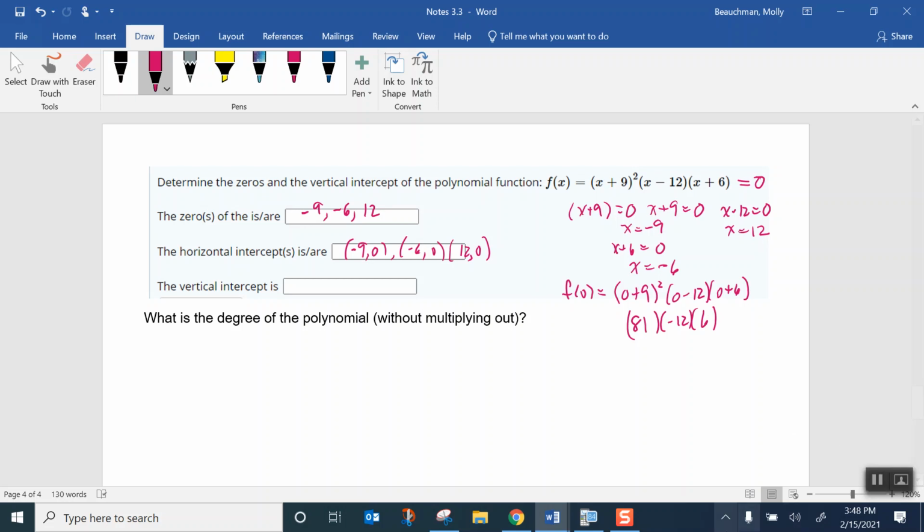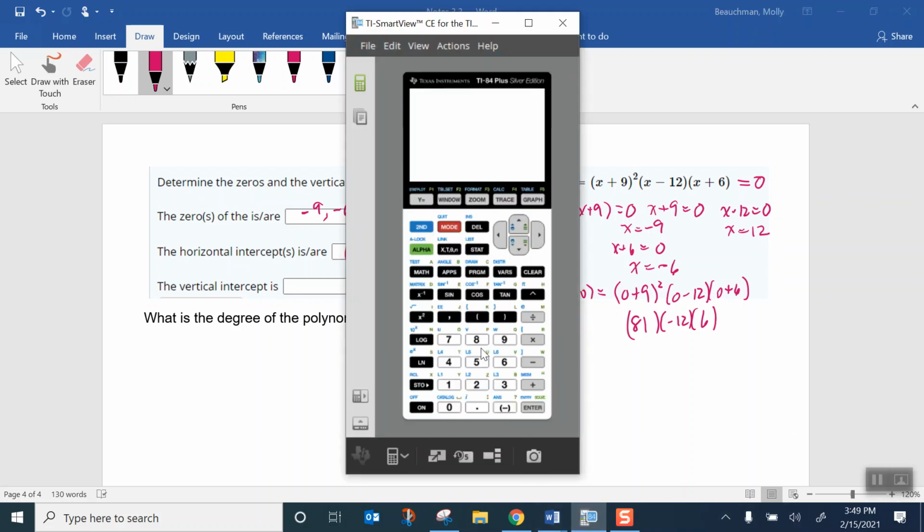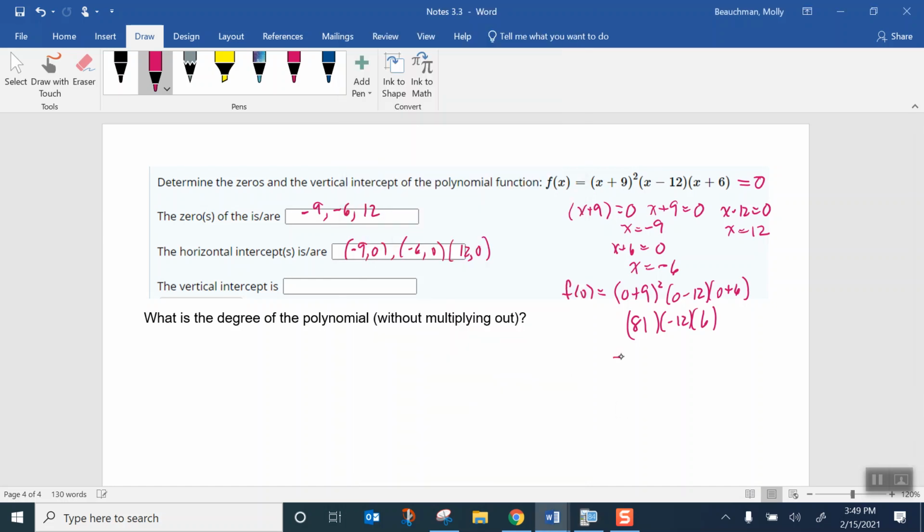So let me put that on the calculator. And I end up with negative 5,832. So the vertical intercept, when x is 0, we get y equals negative 5,832.